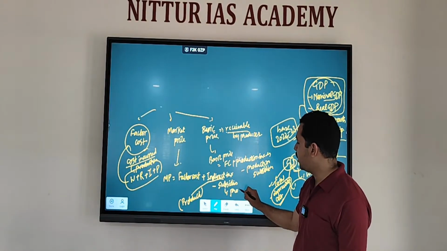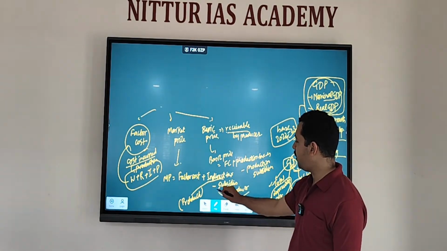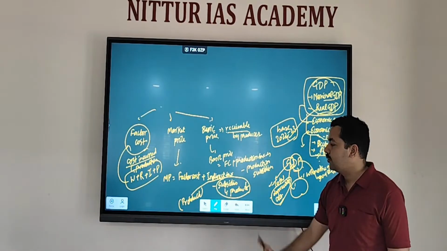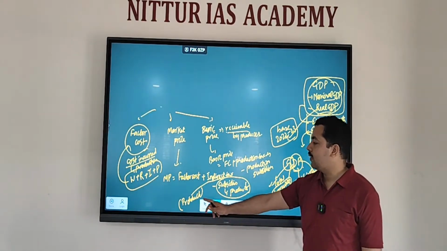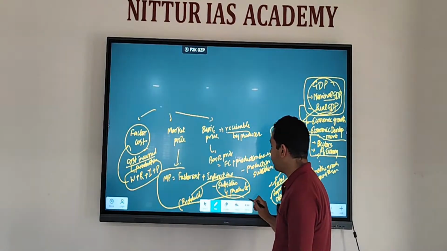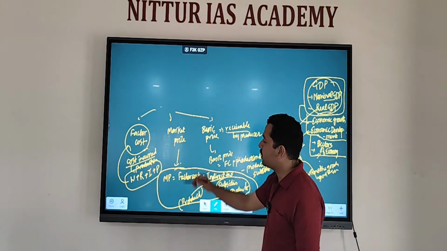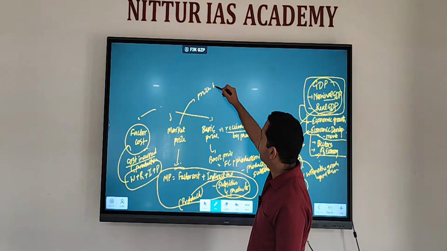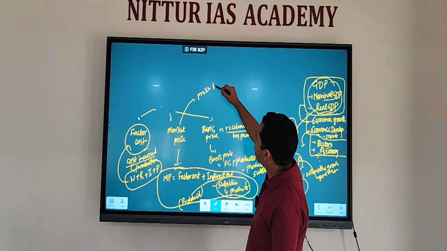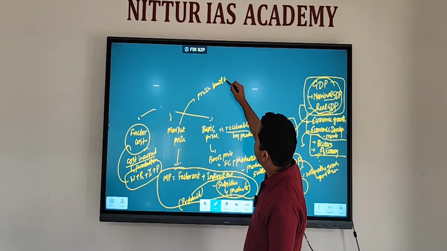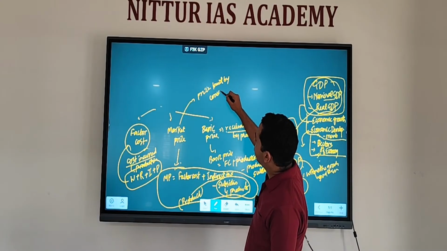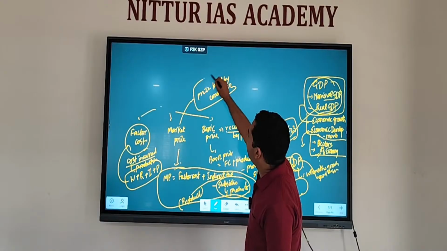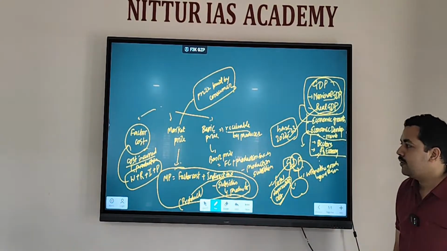Product subsidies, not production. This is how we arrive at market price. And what is market price? The price that is paid by consumers, that is called a market price.